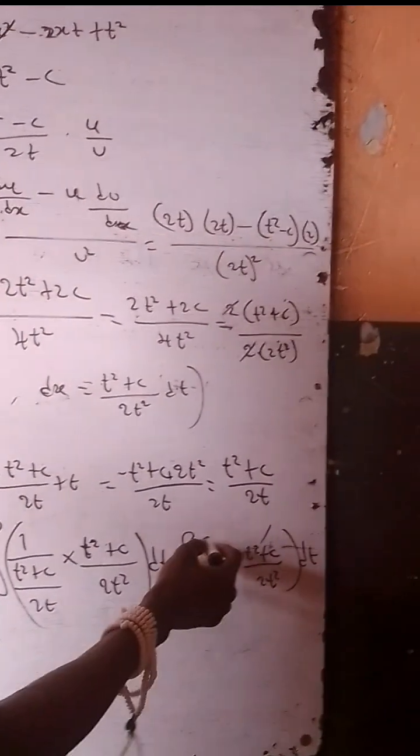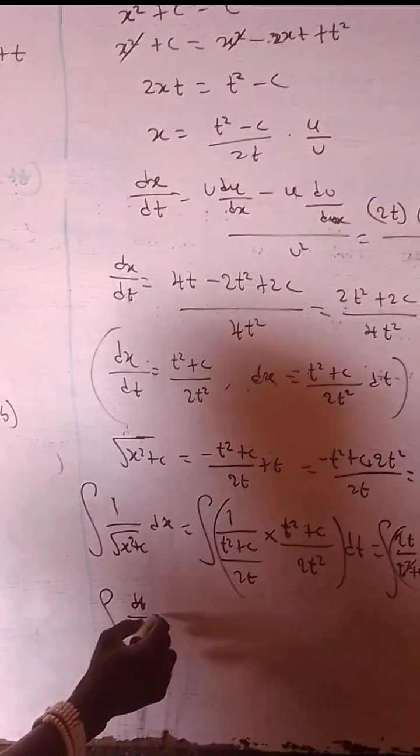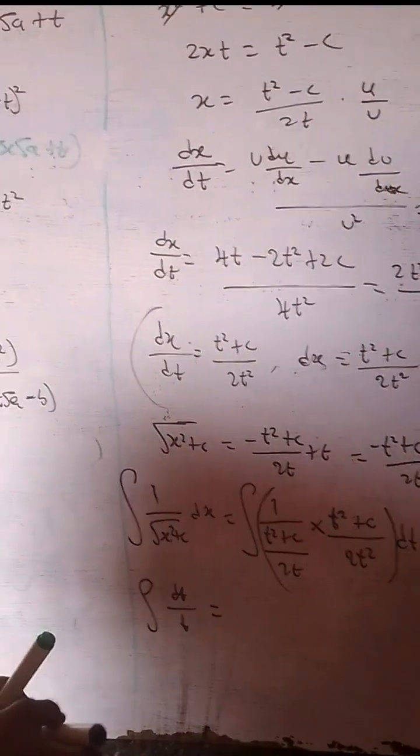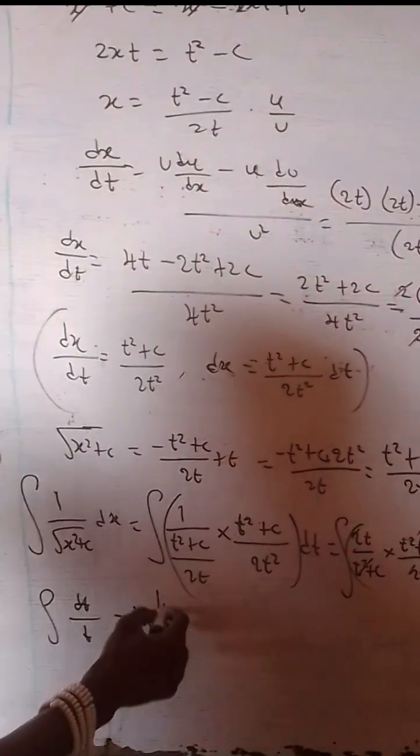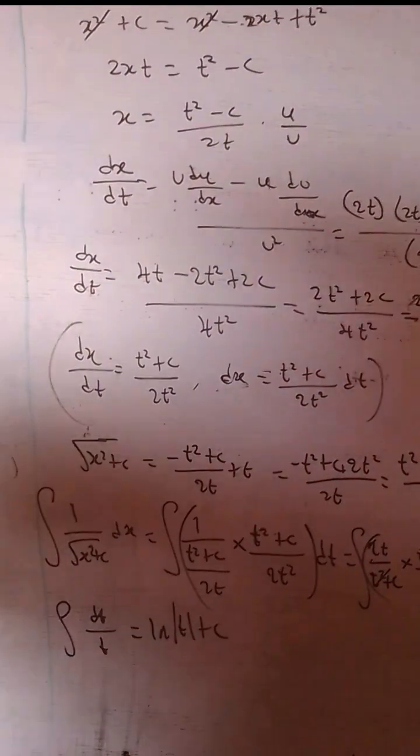This cancels out this, this cancels out this. You'll be left with integrating dt over t. And integrating dt over t will automatically give us ln of the absolute value of t plus c.